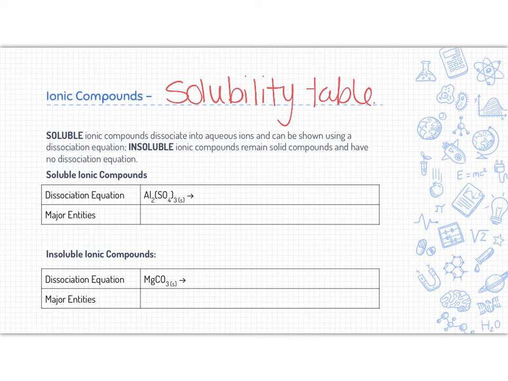So aluminum sulfate as a solid ionic compound, when put into water, will make an aluminum ion, and it's now aqueous because it's dissolved in water, and a sulfate ion, which is also aqueous because it's dissolved in water. Note here that we have two aluminum ions.